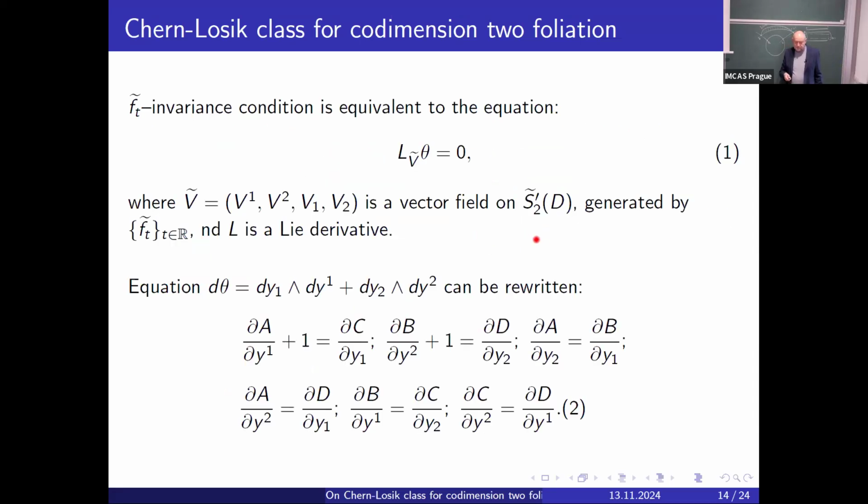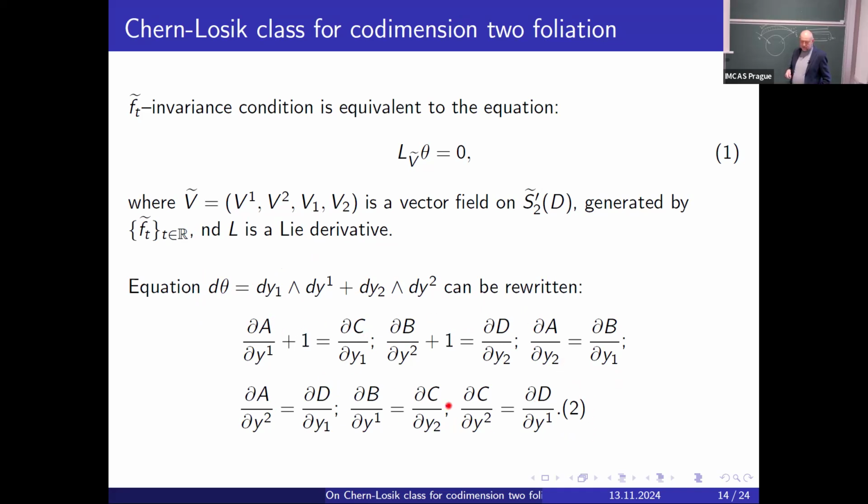So now we have this equation. So we replace f invariance by this differential equation, Lie derivative of theta with respect to some vector field equals 0. This vector field can be computed. So this is vector field in space of jets. And this equation that d theta equals our Chern-Losik class can be rewritten in the language of these functions.